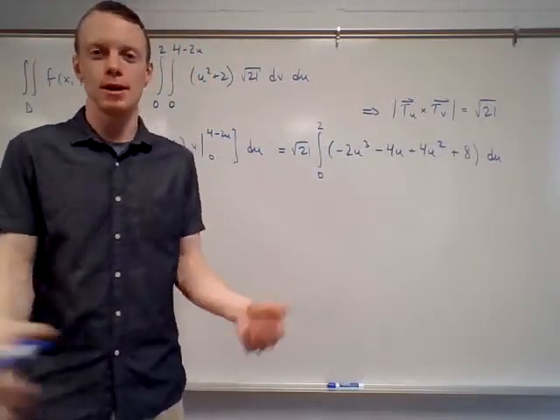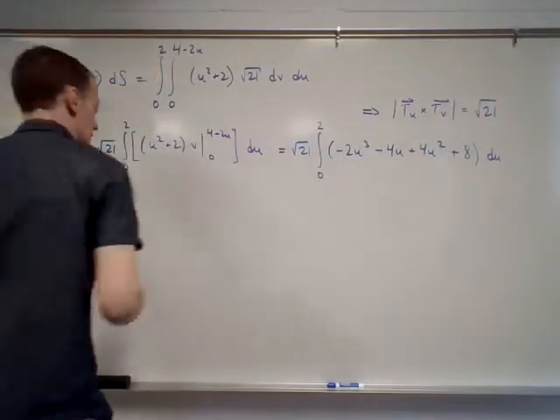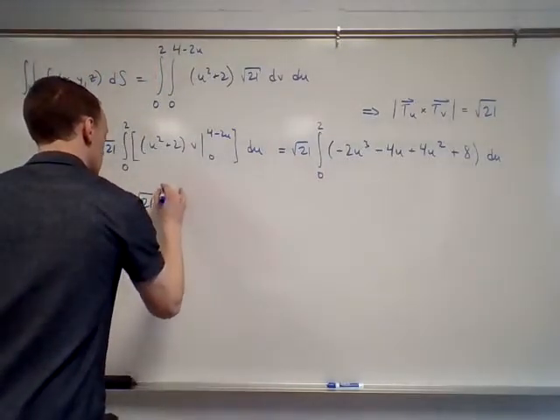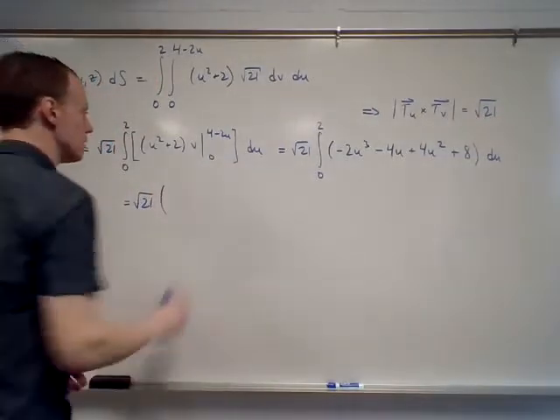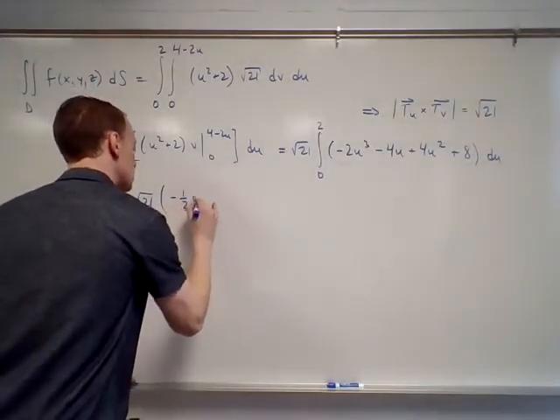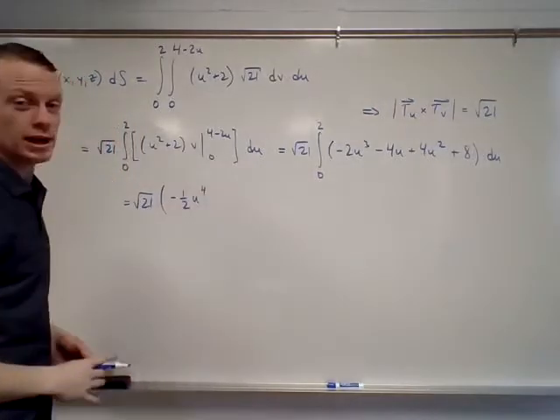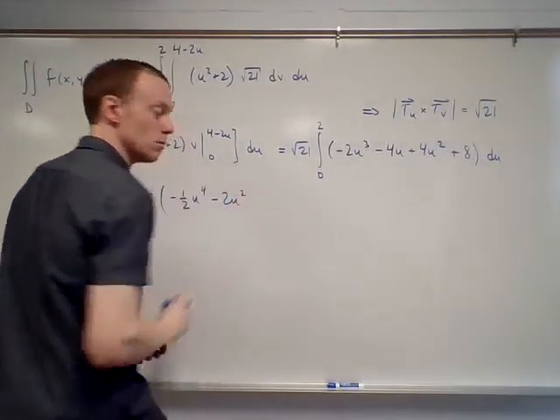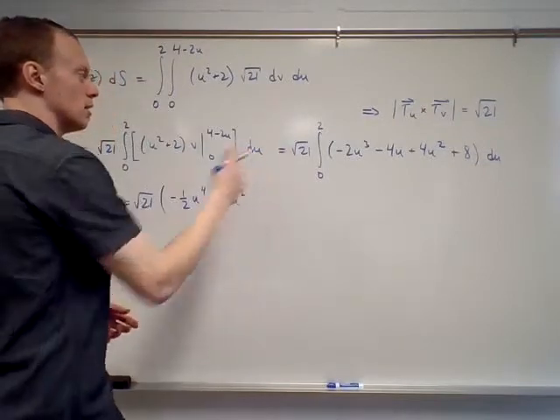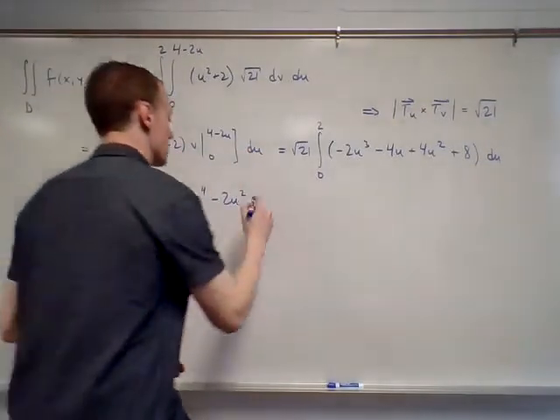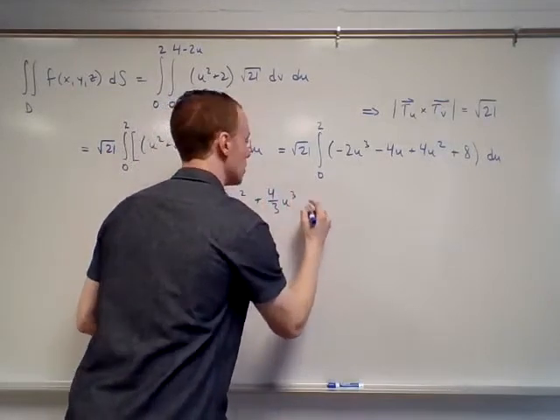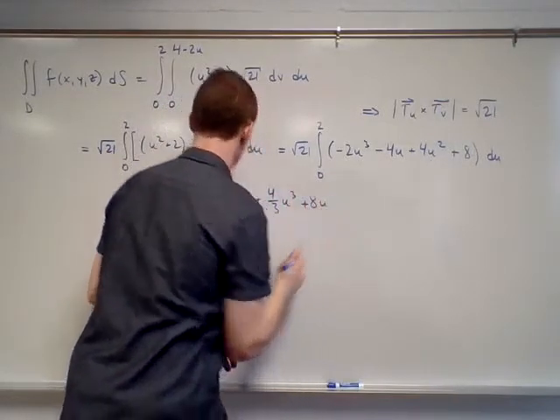And we still have to take the integral of this with respect to u. Now just down to a basic Calc 1 integral. Integrate. And when we integrate, we get negative 1/2 times u to the 4th minus 2u squared plus 4/3 u cubed plus 8u.